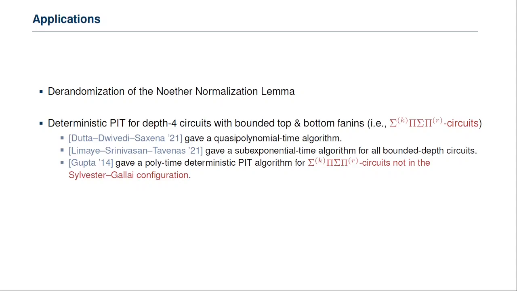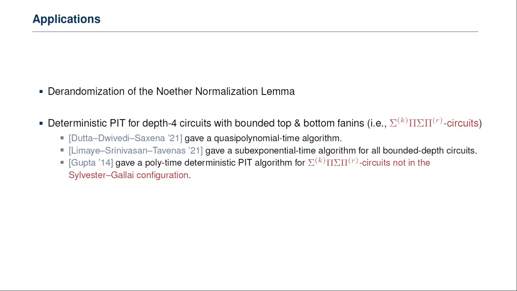We look at the 2014 paper by Gupta, who gave a PIT algorithm for so-called sigma k pi sigma pi r circuits that are not in the so-called Sylvester-Gallai configuration. In his paper, he divided the class of depth 4 circuits with bounded top and bottom fan-in into two classes.